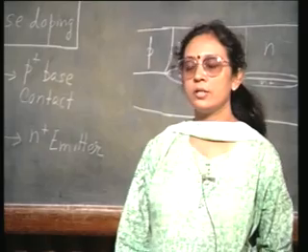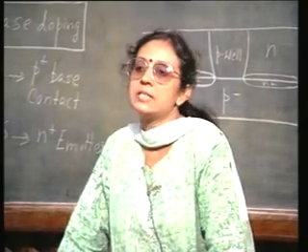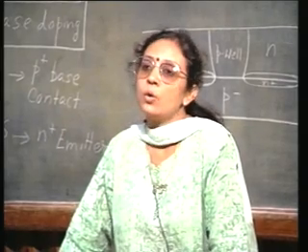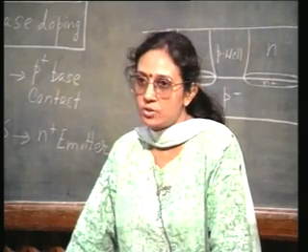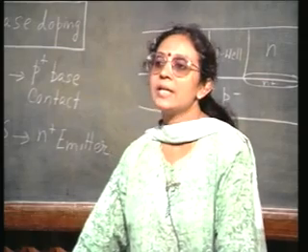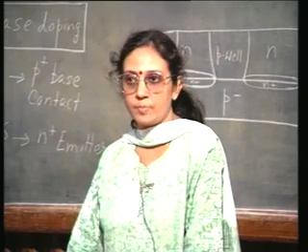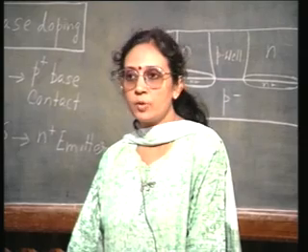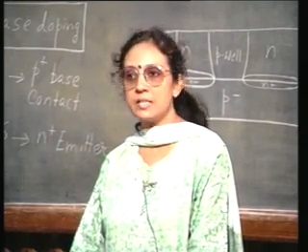See how our requirements are changing. To begin with, we were interested in just realizing a bipolar junction transistor. We saw that only by having one extra step, that of the base doping, we could realize a bipolar junction transistor. So, the next criterion became how to enhance the performance of this bipolar junction transistor, and we realized that the major problem is the collector resistance.